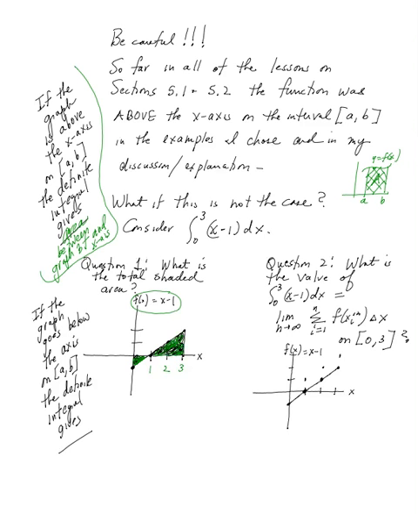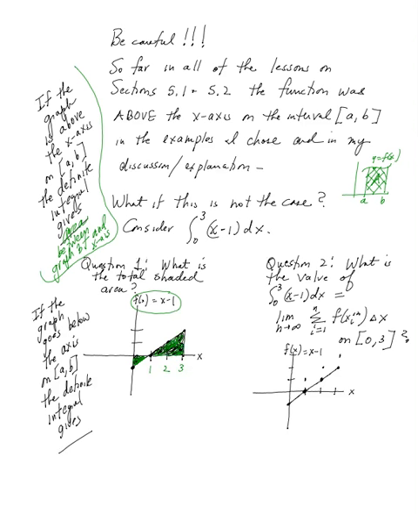What area have I shaded? I've shaded the region between the x-axis and the graph. So if this shaded region is a region on the floor, for example, how many square feet of carpet would we need to cover this?